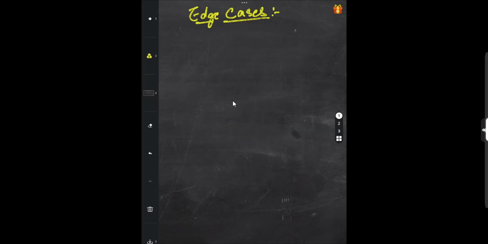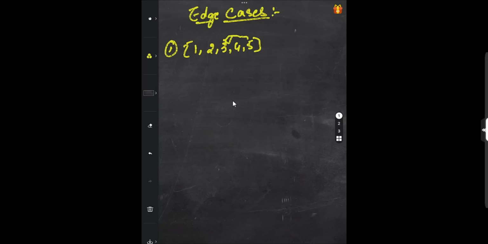Let's go with the first edge case: the array is not rotated. While I say the array is not rotated, it's a normal sorted array. Let me consider the input 1 2 3 4 5. As usual, we'll see whether mid is lesser or greater than the last element. Here mid, 3, is lesser than the last element, 5.